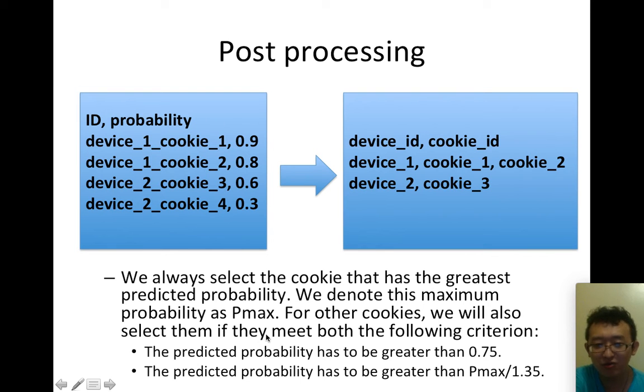If other cookies' predicted probability is greater than 0.75 or Pmax divided by 1.35, we will also choose that cookie. These two parameters can also be researched in cross-validation. We built a local evaluation system of the average F0.5 score, and we researched these two parameters to find the optimal parameters.